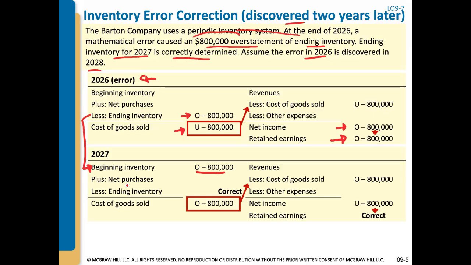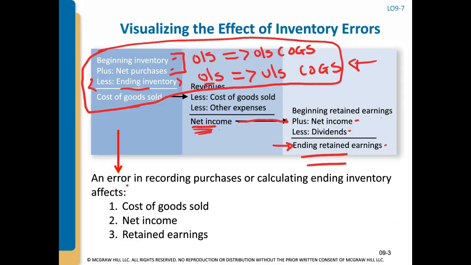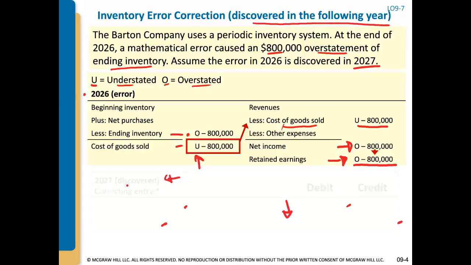It tells us that the 2027 ending inventory was correct. So now we have an overstatement of our beginning inventory. If beginning inventory is overstated, our cost of goods sold is overstated. Because beginning inventory and purchases increase our cost of goods sold, if our beginning inventory is overstated, it's too high, which means our cost of goods sold is also too high.